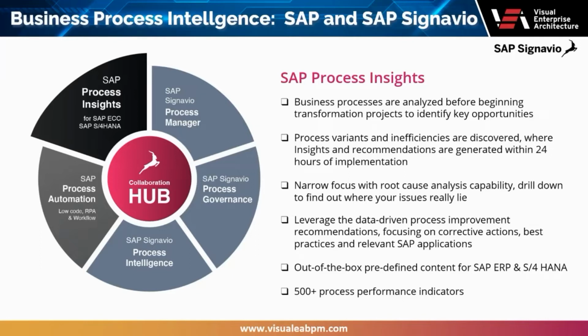SAP Process Insights can be deployed very easily and yields a number of immediate results with some out-of-the-box predefined content for SAP ERP and S/4HANA, as well as several hundred process performance indicators to help you understand where to narrow your focus and identify those opportunities for improvement.